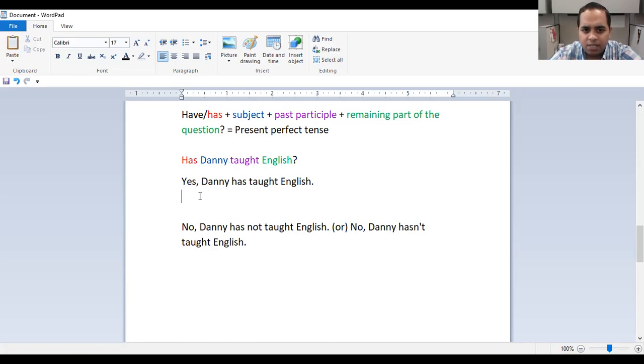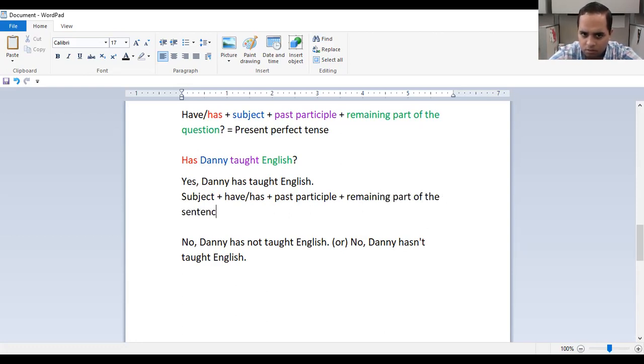So the positive, we use yes or no. We use the subject plus have or has plus past participle plus the remaining part of the sentence. What's the subject?